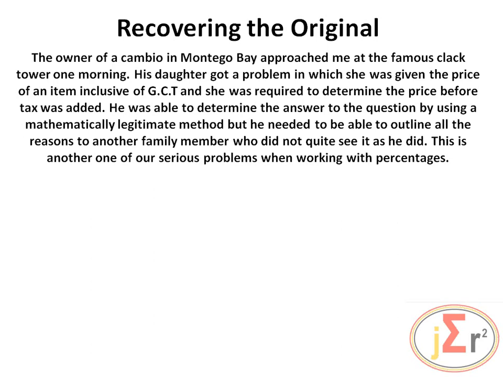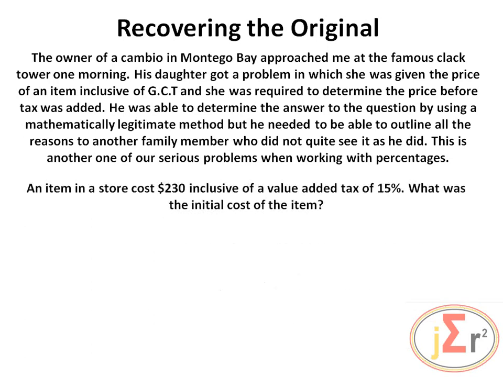So let us see if we can make a meal of the problem before we iron everything out the right way. So an item in a store costs $230 inclusive of a value-added tax of 15%. What was the initial cost of the item? So we have $230. That's what the price is.